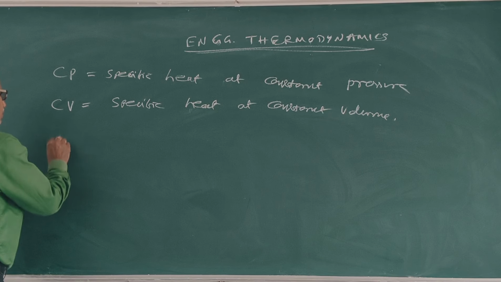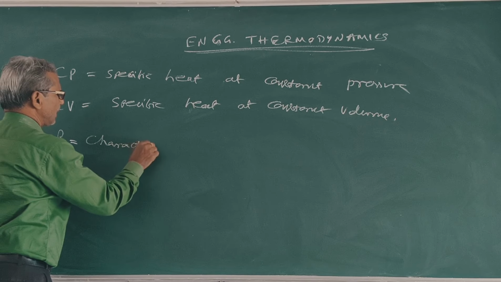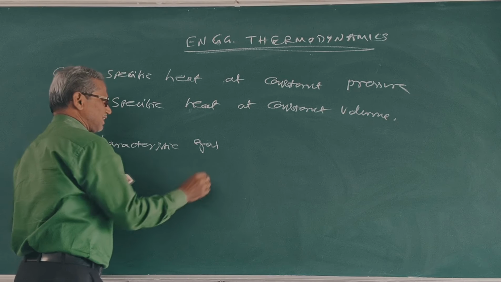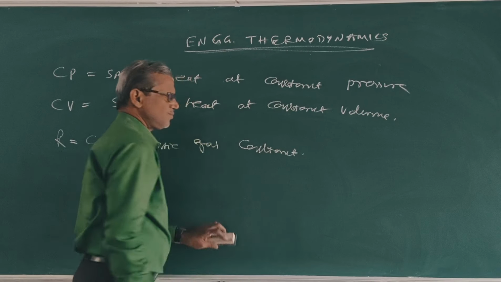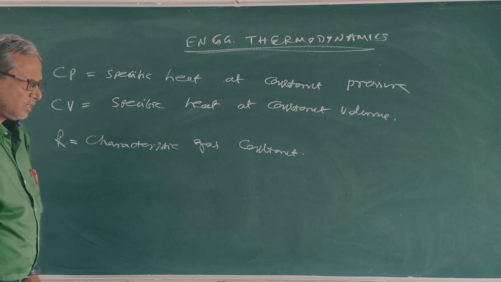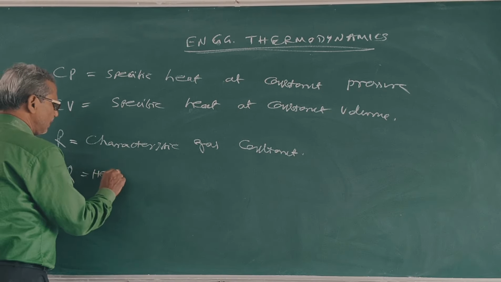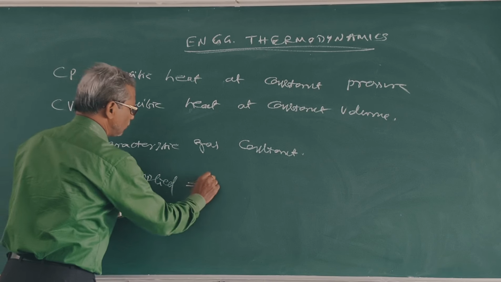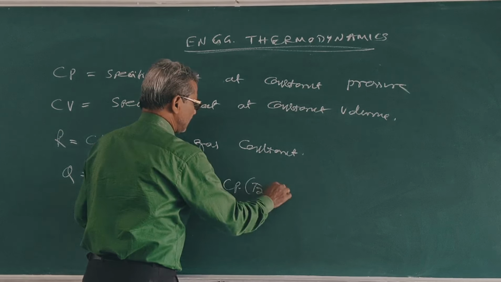R is equal to characteristic gas constant. Q is heat supplied. But Q is equal to m Cp (T2 minus T1).